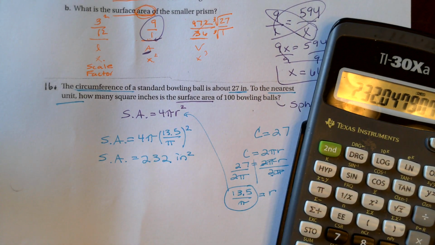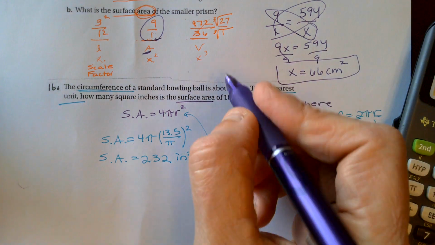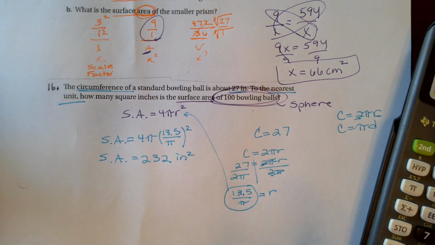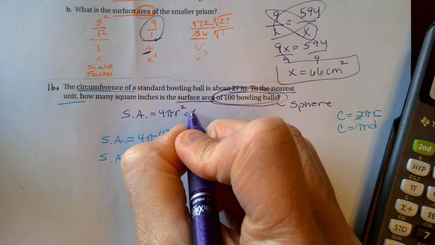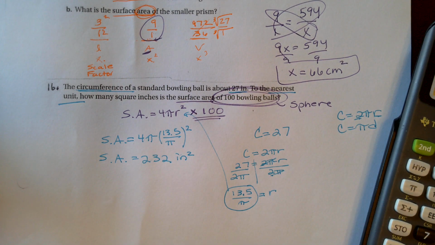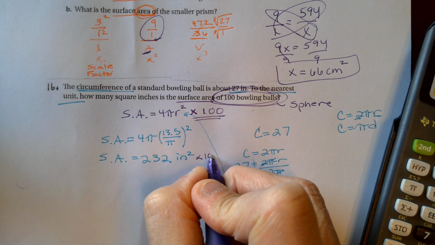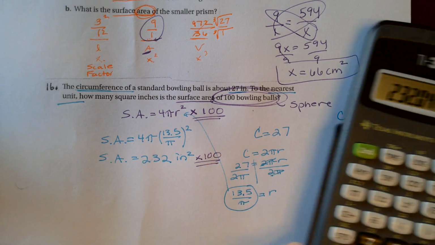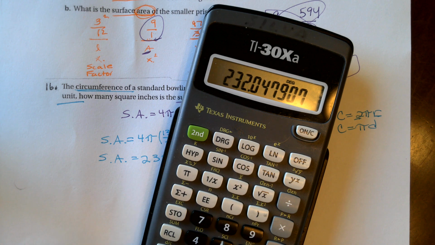Did you guys see that? It asked for the surface area of 100 bowling balls. So I should have very prominently put this up here so that I did not forget that I got to take this answer, leave it in the calculator, and multiply it by 100.